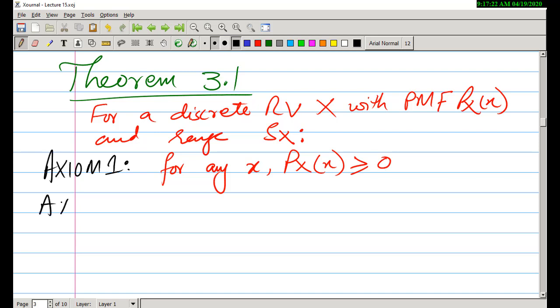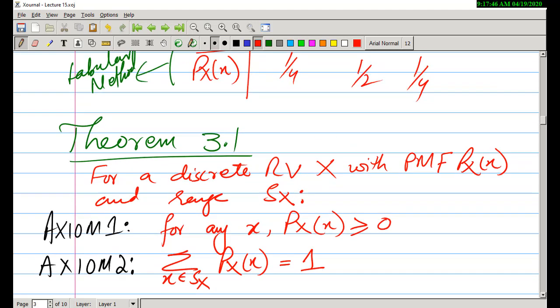So axiom 2 simply states, I think you can judge it, that the summation over all values that belong to the range of x, if we add the PMF probabilities, will sum up to 1. That can be seen clearly in the previous example.